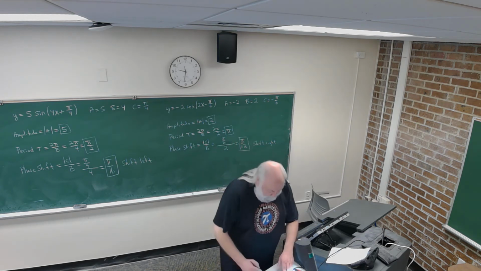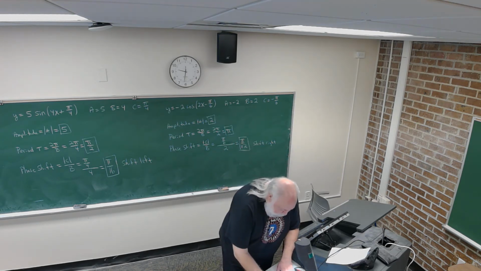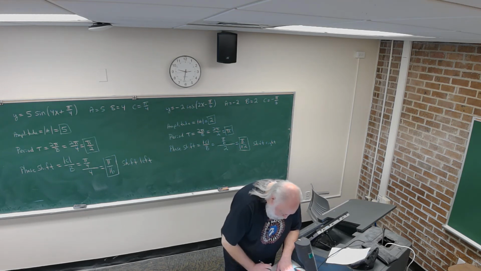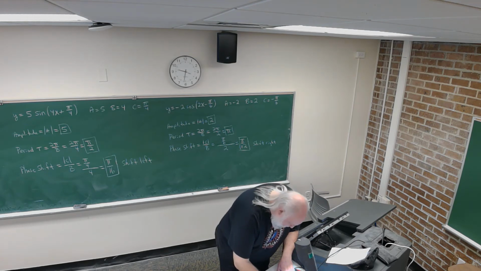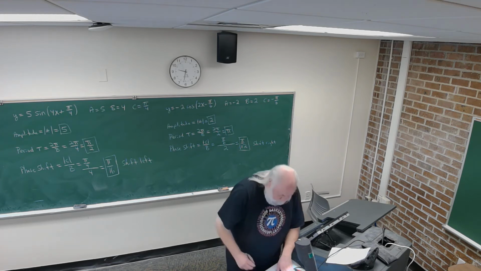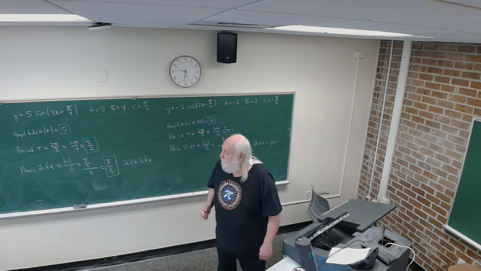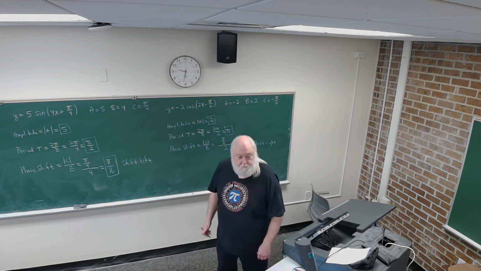So at 7 pi over 8 is where the lowest point in the graph occurs. And because the amplitude is 3, the y value at 7 pi over 8 is minus 3. And so the graph comes down to y equals minus 3, and then goes back up to the x-axis at 9 pi over 8.